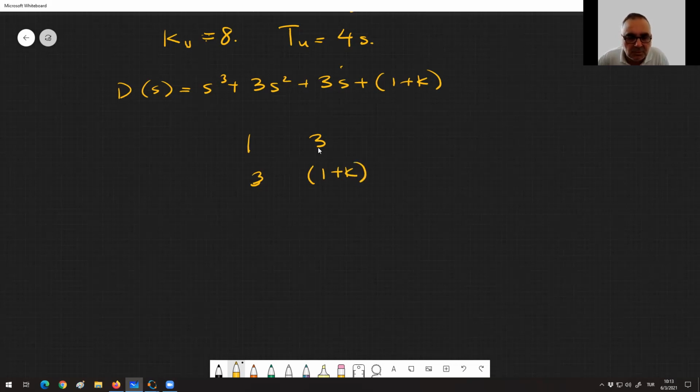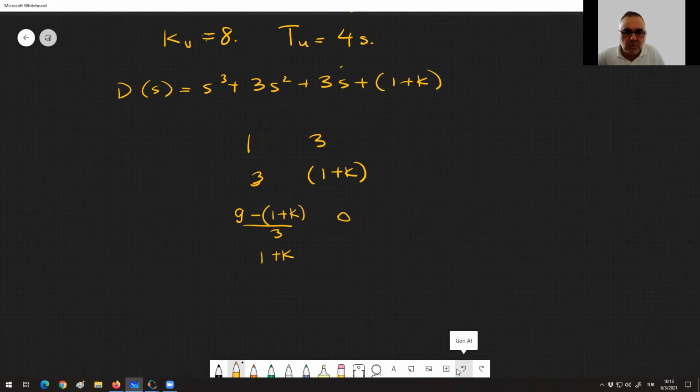So the negative determinant, 9 minus 1 plus k.